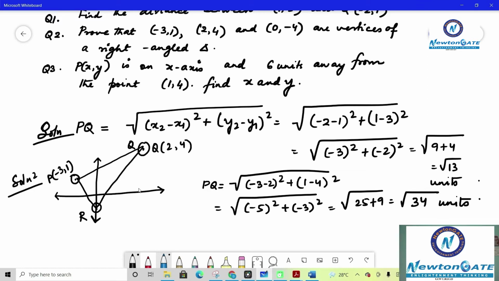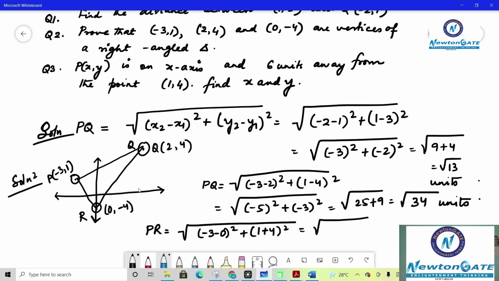Same goes for PR. Here R is (0, -4). So, we can find PR as minus 3 minus 0 square plus 1 plus 4 square. That gives me 9 plus 5 square, again 25 plus 9, that is 34 units.